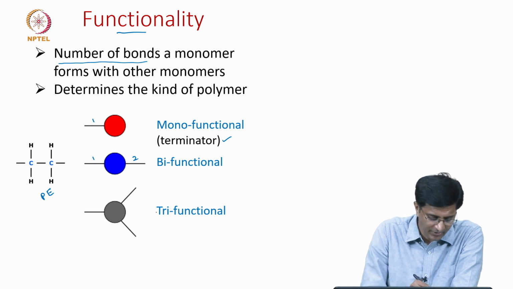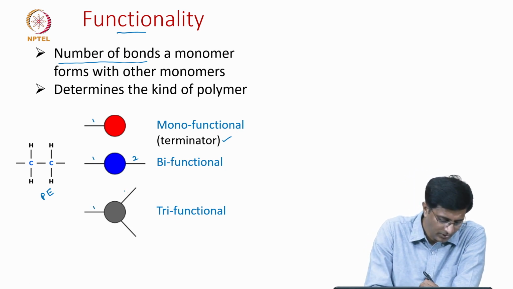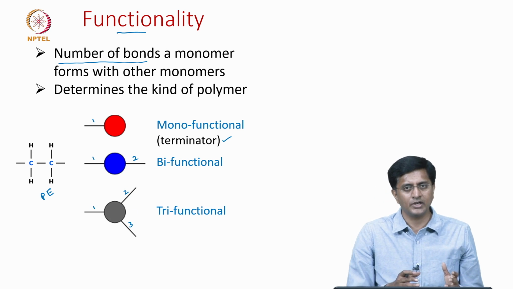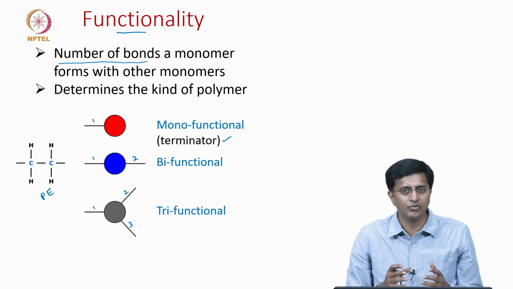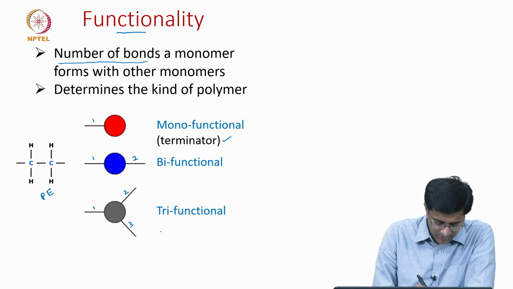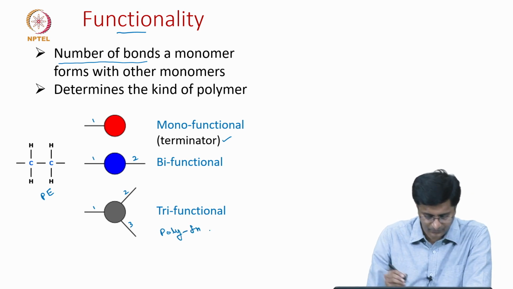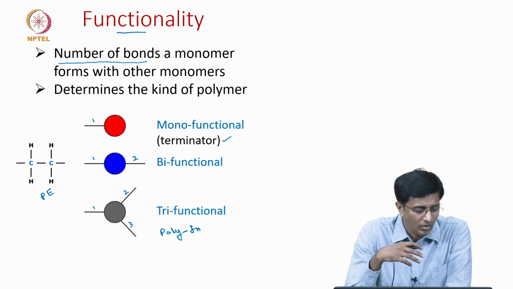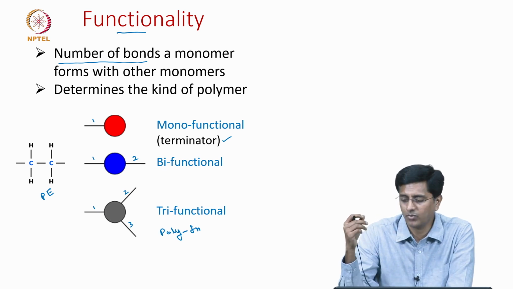And we have this trifunctionality, meaning they have three functional bonds. Usually it can also have more than 3, so 3 and more we call polyfunctional as well. Now, with some examples, let me show you how we can form different kinds of polymer chains.